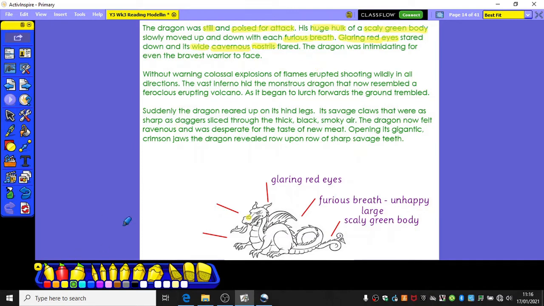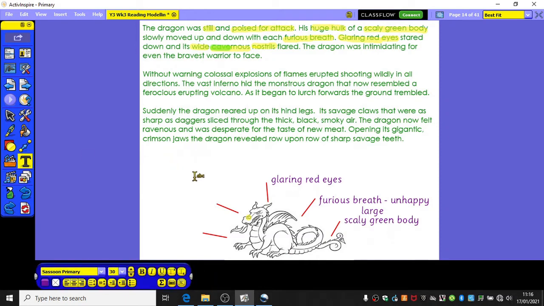Yes, the root word is cave. So cavernous is a word that means a really large, black, large opening, like a cave has a large opening. So you can imagine the nostrils are really wide and black, like a cave. Like it looks like a cave opening, doesn't it? Cavernous. So wide, cavernous nostrils.